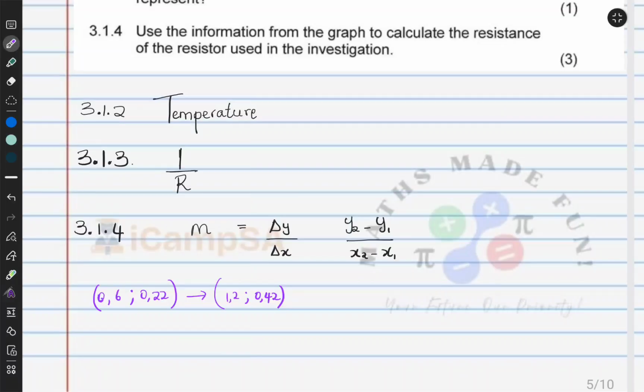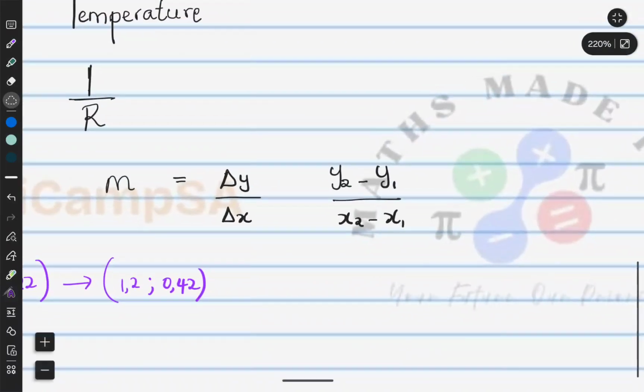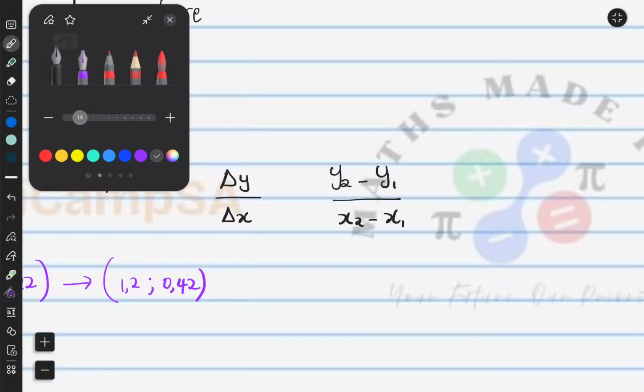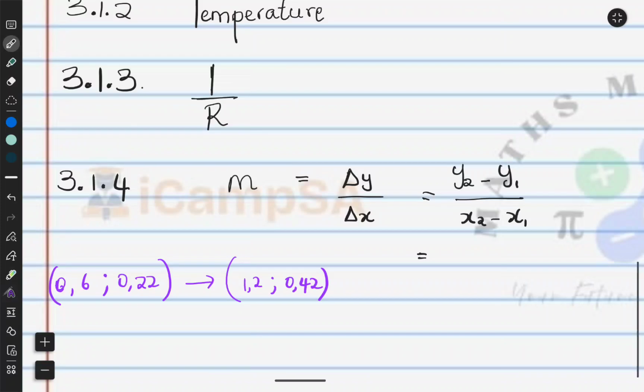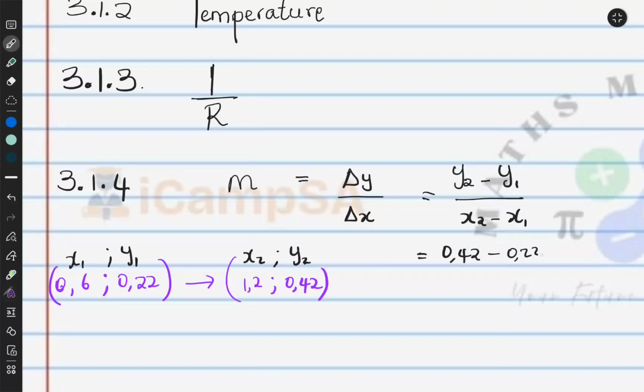All right, so let us calculate now our gradient. This is x1, remember that's y1, this is x2, and that's y2. Y2 is 0.42 minus 0.22 because that's y1.